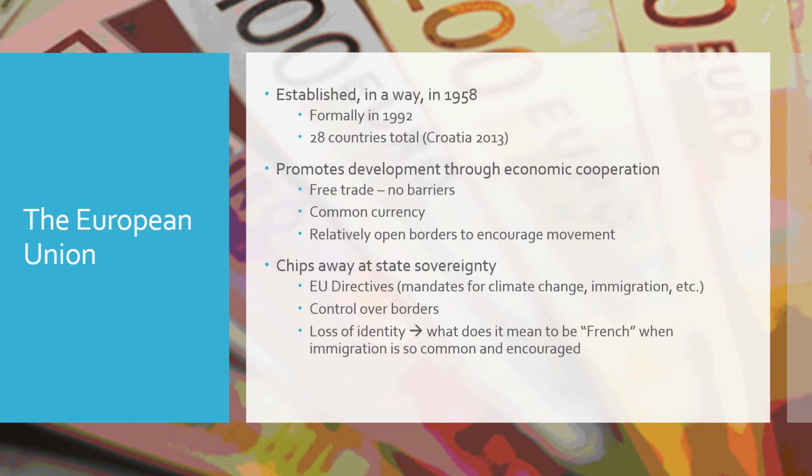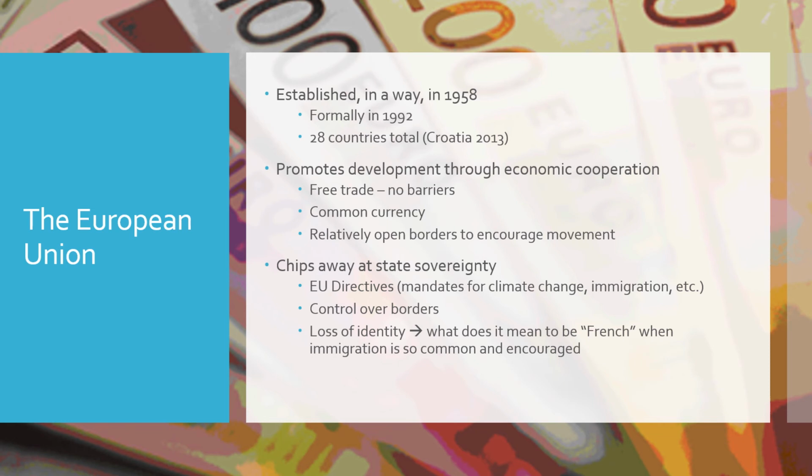There are certain things that the EU will say that its member states must do, and that may be regarding any sort of issues, including climate change, immigration, any sort of mandate revolving around those. It can basically be in any of those areas.